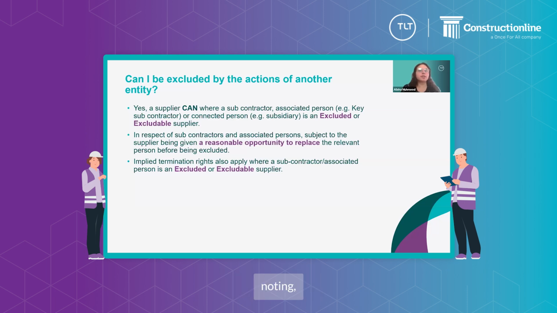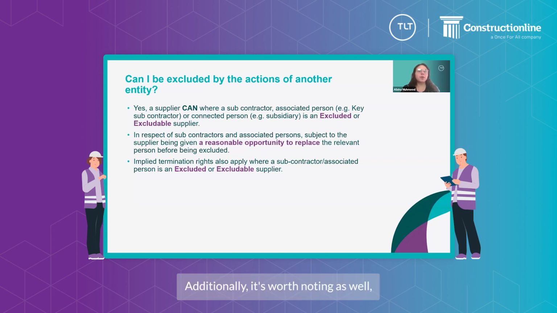It's also worth noting that by virtue of the Procurement Act, contracting authorities going through the competitive tendering procedure are obliged to request information about whether suppliers intend to subcontract the performance of the contract, and then to determine whether the subcontractor is on the new debarment list or whether they are an excluded or excludable supplier.